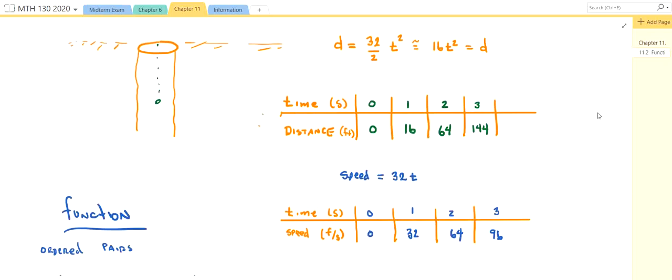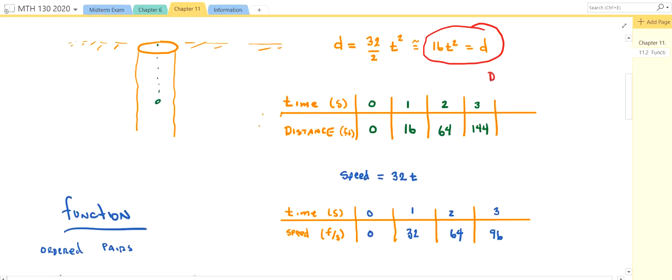So carrying that idea through with our equation up here, the equation is 16t squared equals d. Here, when we put in a value for t, we get only one value out for d.